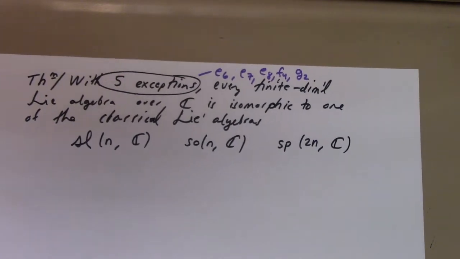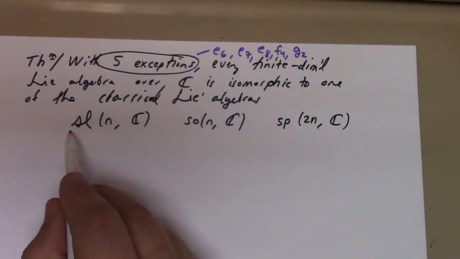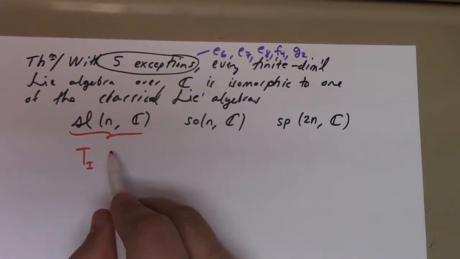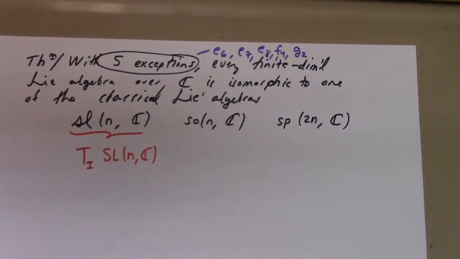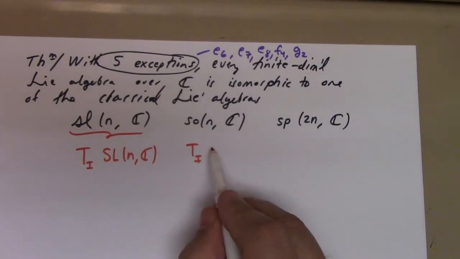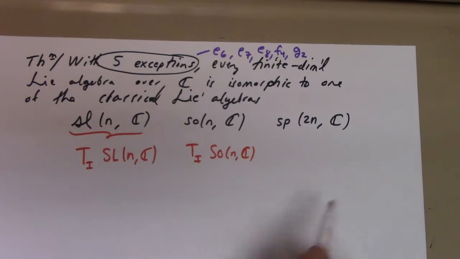Each one of these Lie algebras can be realized as the tangent space to a corresponding Lie group. This one is the tangent space at the identity to what's called big SL(n, C). This one can be realized as the tangent space at the identity of big SO(n, C), I think.